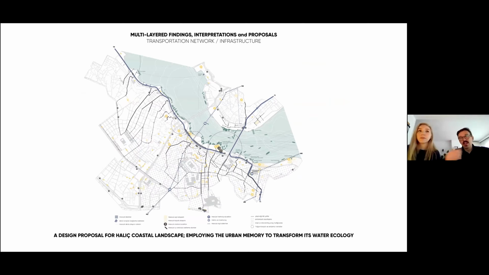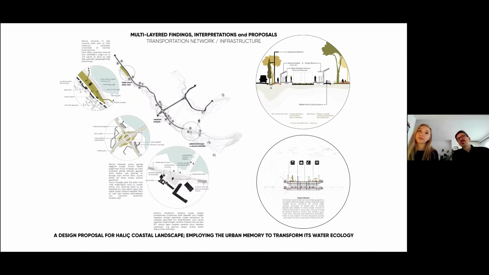But it's really key for you to understand that we cannot make those decisions, or we cannot read the analogy of the patient and the doctor, if we don't know how the transportation system is actually working. If we don't do the mapping. Exactly. If we don't do the research, if we don't see how many boats are parking in the area or how many cars are passing each day, what the speed of the cars is, what the main routes are, what the area is that is pedestrianizable or more pedestrianized today, we are not able to take the correct decisions afterwards about how to intervene in the space.